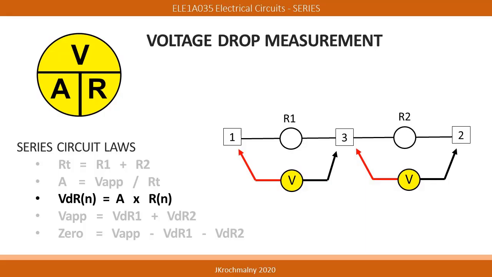The third law of series electrical circuits determines the voltage dropped across each load. Remember, there needs to be a difference in pressure before any flow can happen. The multimeter is placed between terminals 1 and 3 to measure the voltage drop across the R1 load. We can also place the multimeter between terminals 3 and 2 to measure the voltage dropped across the R2 load.